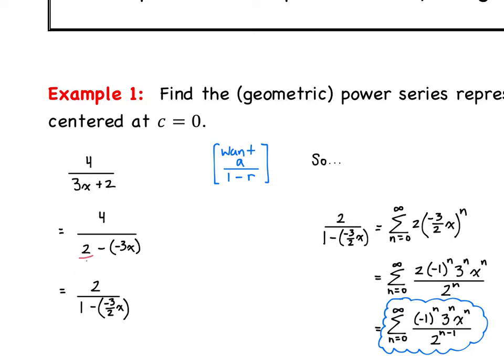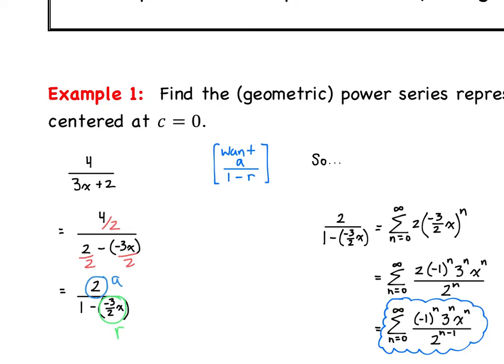Well, I need to divide that by 2, but to keep everything balanced, we need to divide everything by 2. So by doing so, we end up with 4 divided by 2 is 2, and then our denominator is 1 minus negative 3 halves x, okay? So this right here is our A value, and this right here is our radius, okay?